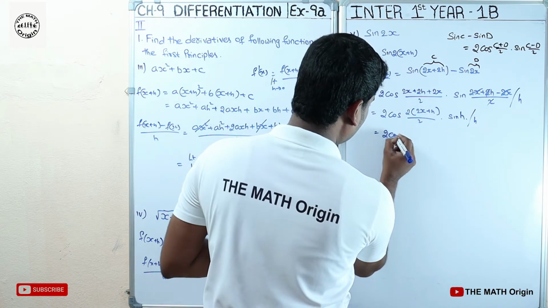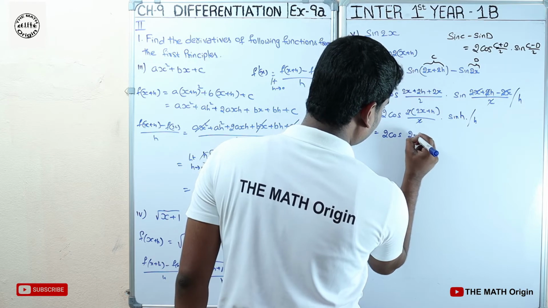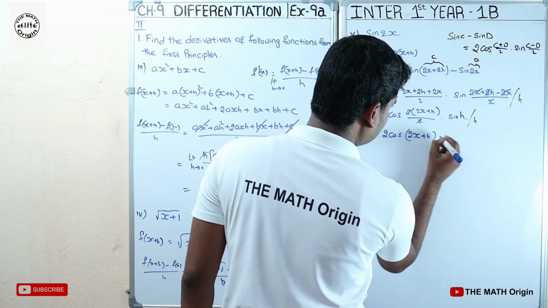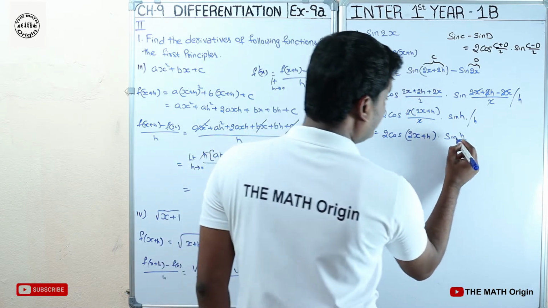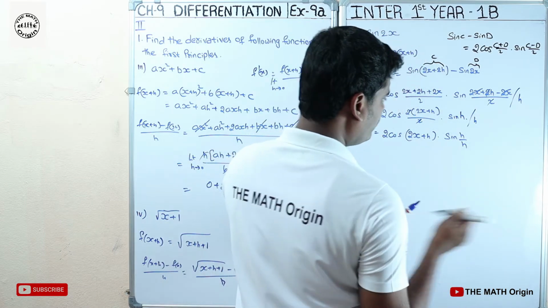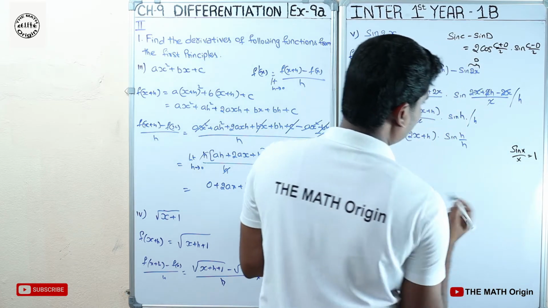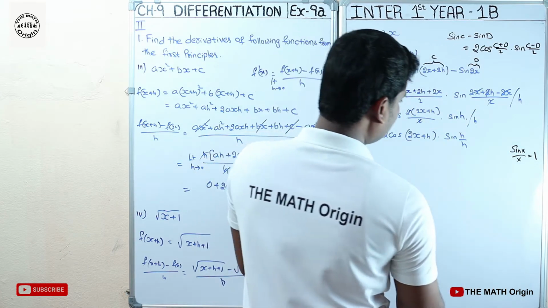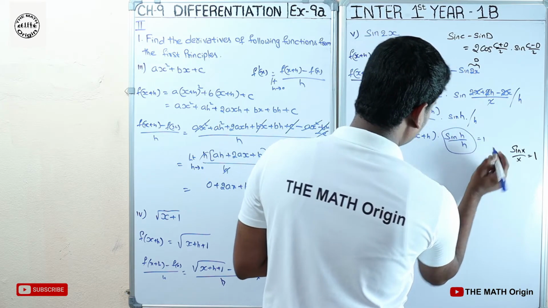That is equal to 2 cos (2x plus h) into sin h by h. We also have one more formula, sin x by x is 1. In the similar way, sin h by h is also equal to 1.